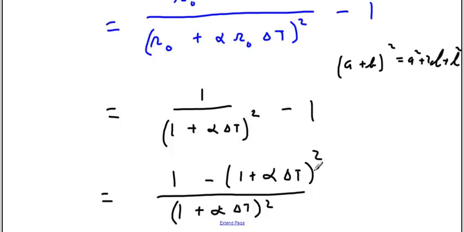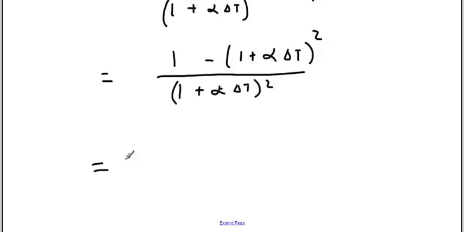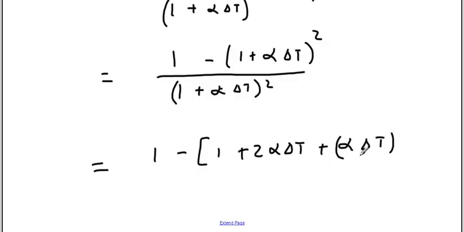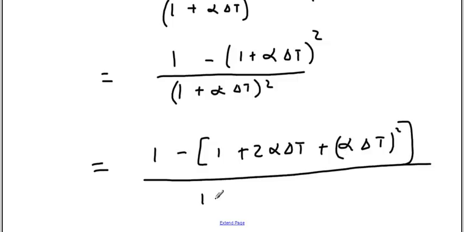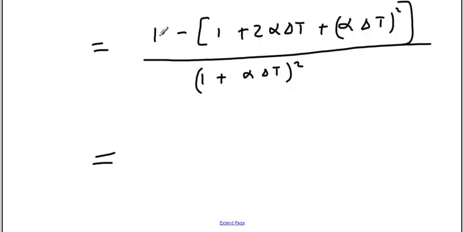So we could do that, and then we could go and say, well, 1 minus 1 plus 2 alpha delta t, and because we're physicists, we don't necessarily have to do the same thing every time, right? So this time I'm going to do the expansion and keep the center term, divided by (1 plus alpha delta t) squared. Okay, then I've got a 1 and a minus 1.